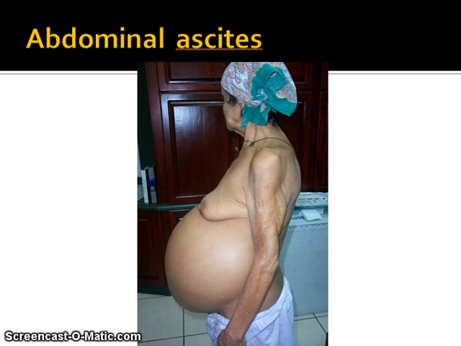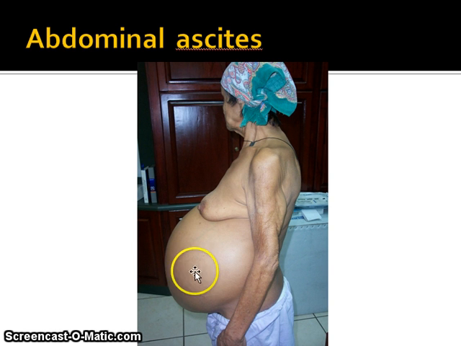So this is a patient who has abdominal ascites. You can see here all this extra fluid that's accumulated in the abdomen. So if you were to do a physical exam on somebody who has ascites, you would palpate the abdomen, and what would happen is it would look almost like and feel like if you poke a water bed, where you can feel that fluid moving under the surface.